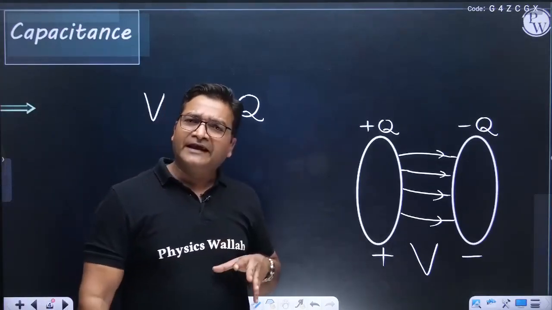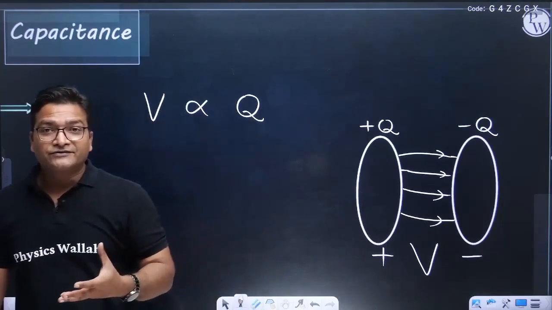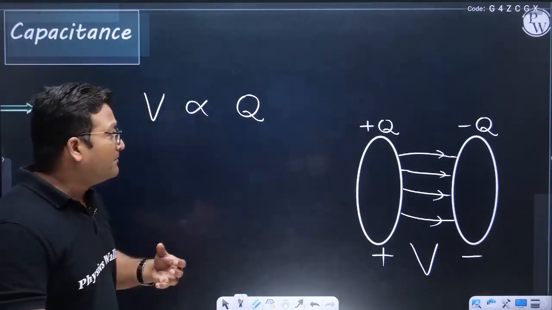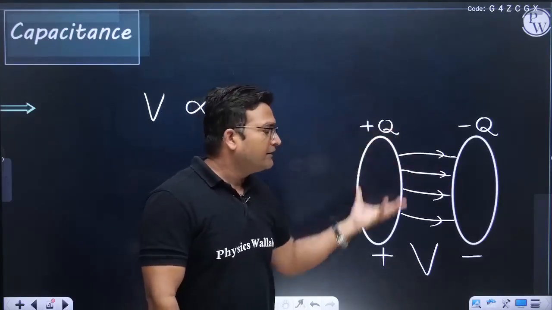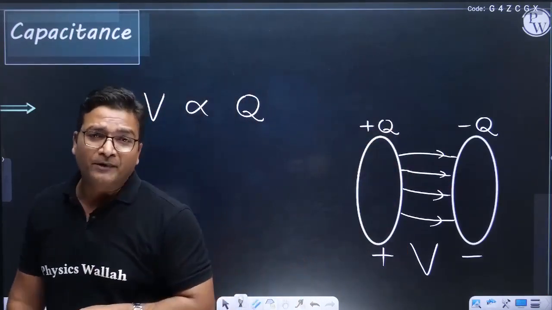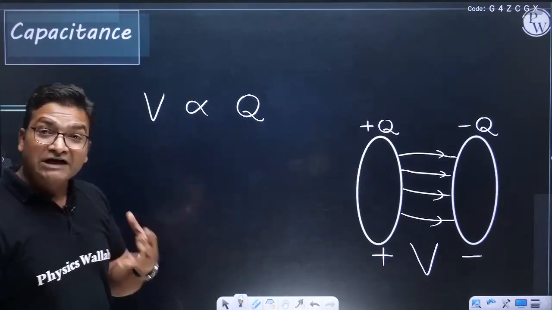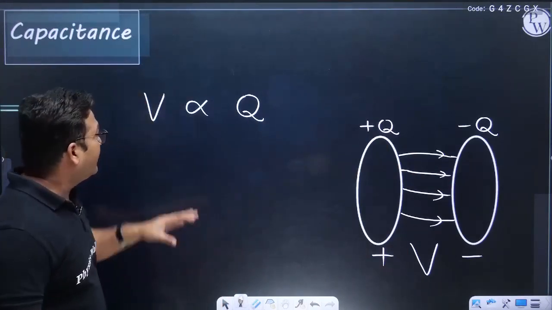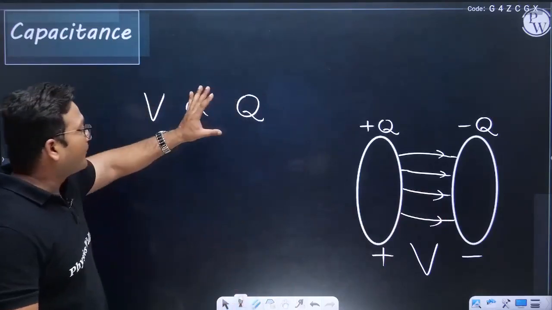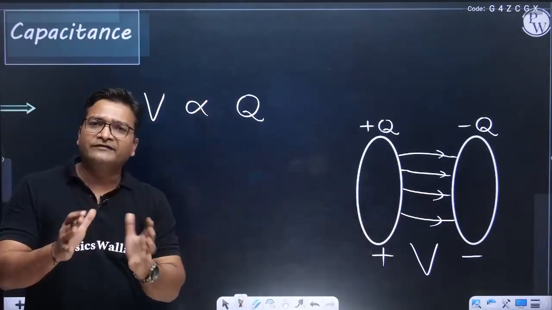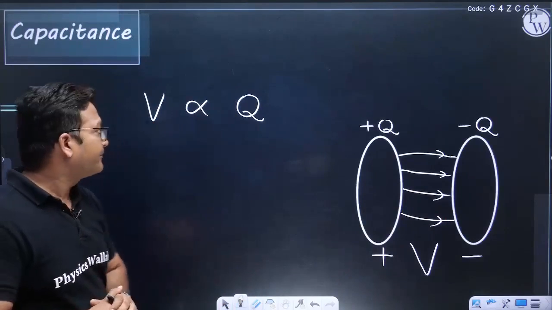But whenever we say what is the charge on the capacitor, we say the magnitude of charge on any one plate, or you can say the charge of the positive conductor plate is called the charge on the capacitor. So I can say the potential difference across the two conductors is directly proportional to Q. This is, you can say, an experimental result, right?